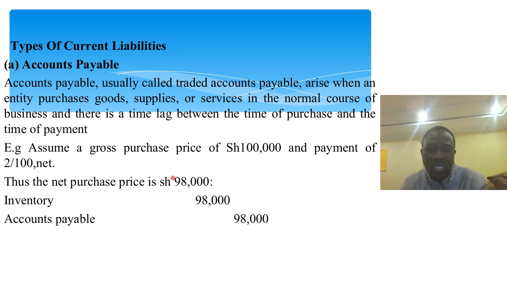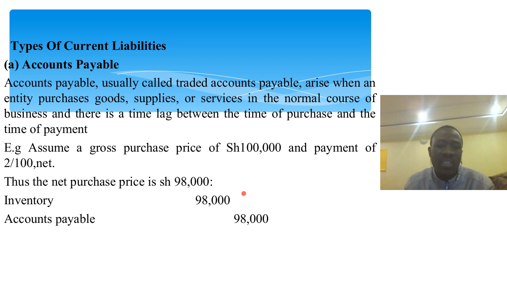To record this, because we are buying the items, the accounts that will be affected are, one, the accounts payable, and two, the inventory, because we are assuming that we are buying the stock or inventory. Because you are acquiring the inventory, and inventory is an asset, an increase in an asset is always debited.